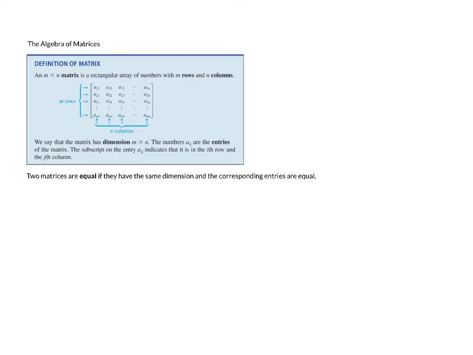Two matrices are equal if they have the same dimension and the corresponding entries are equal. Just to look at an example of two matrices that are equal, we've got one that has entries the square root of 4, 2 squared, e to the 0, 0.5, 1, and 1 minus 1.